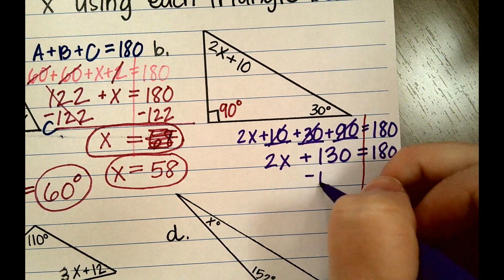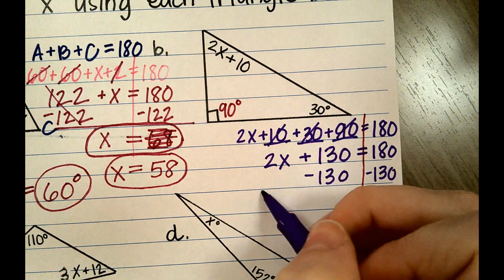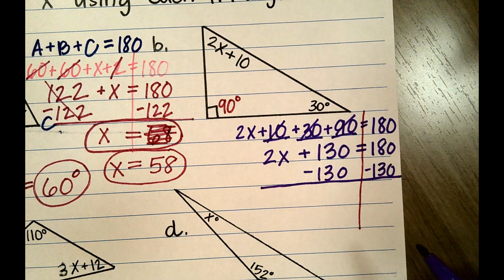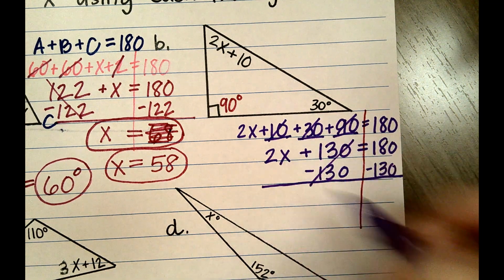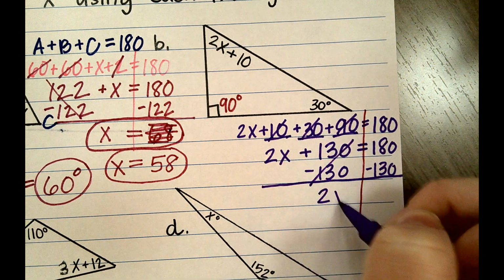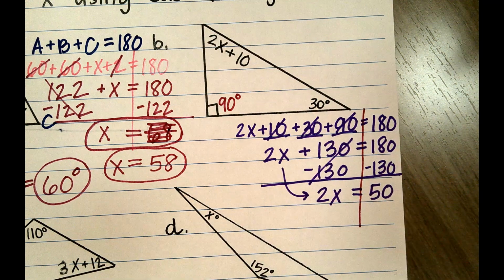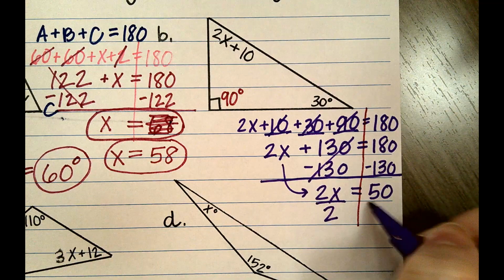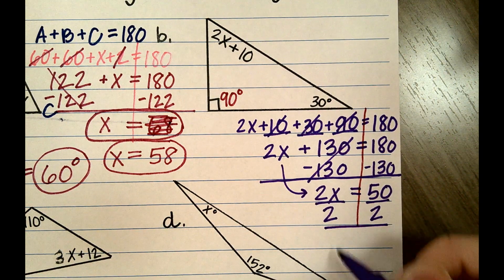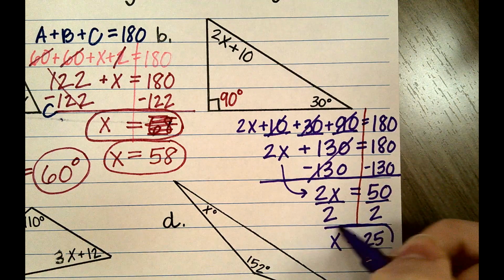Subtract 130. So now we have 2x equals 50. Divide by 2. And x equals 25.